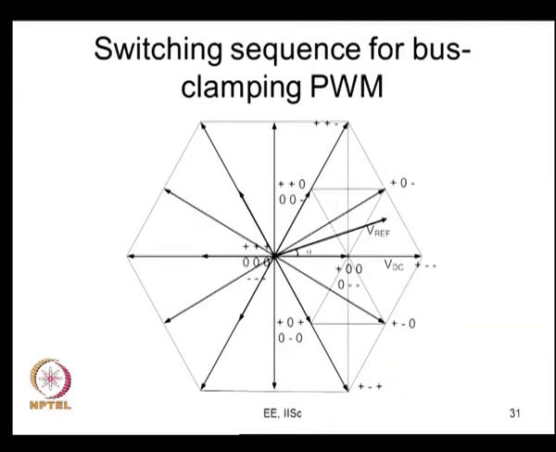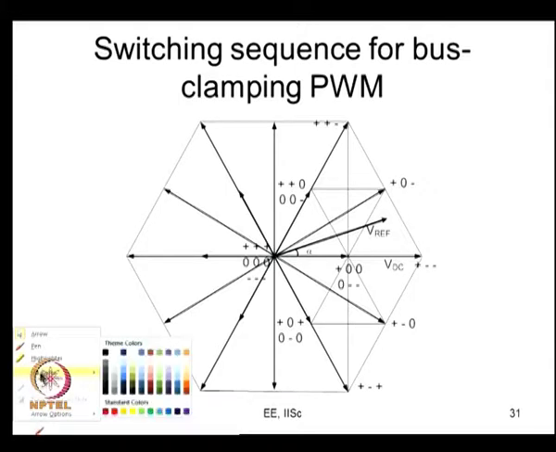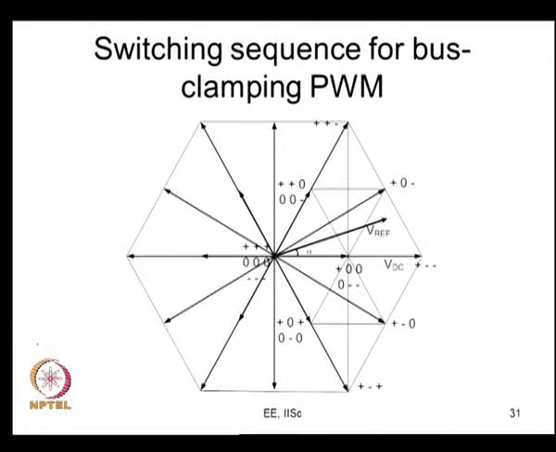So, what happens to these sequences, you end up with the same set of sequences as I mentioned before, you can work that out. For this it may start with plus 0 0, go to plus 0 minus, plus minus minus, and go to plus 0 minus minus.